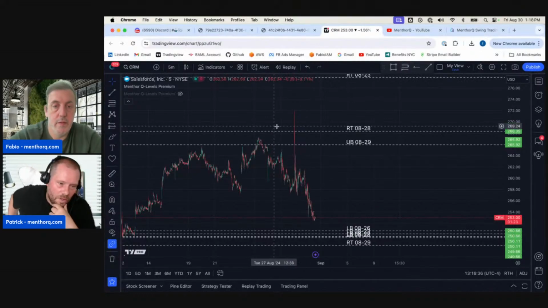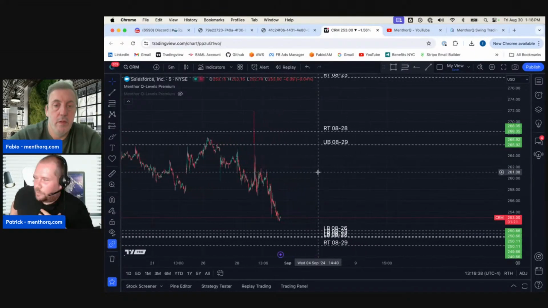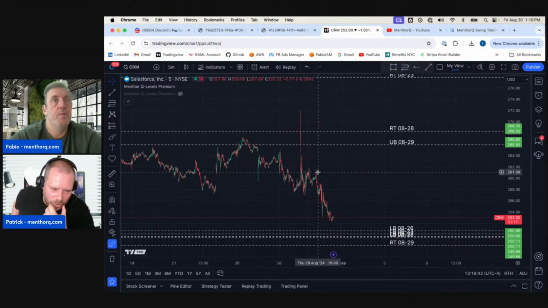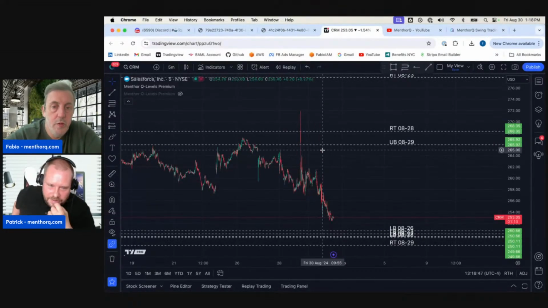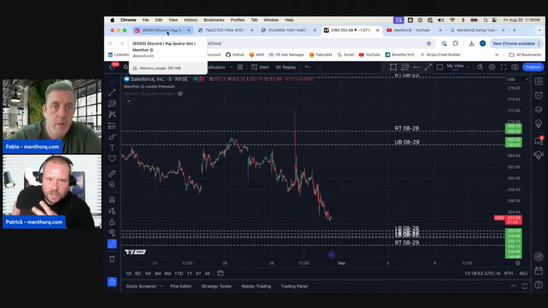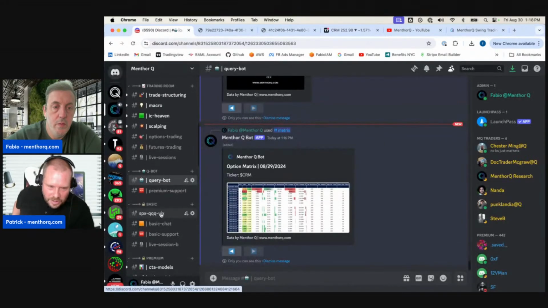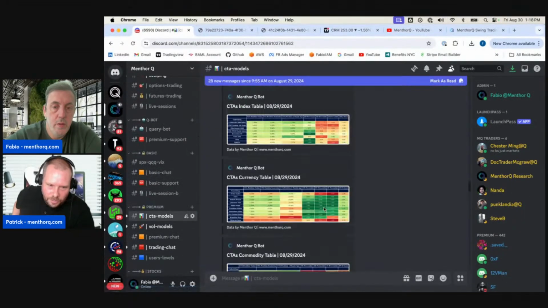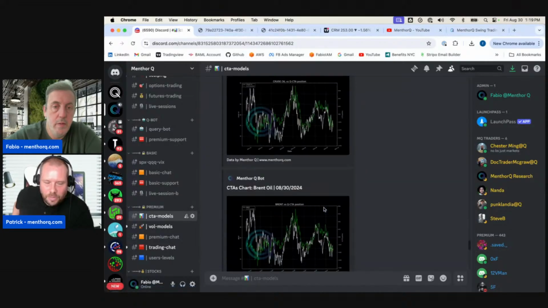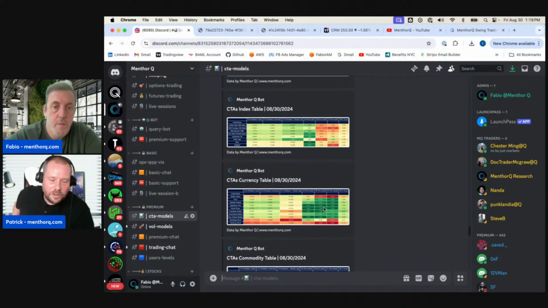And for you as a swing trader, this is my personal view, correct me if I'm wrong, Fabio, but one really important aspect is also to look at the CTA data. We have the CTA table index to get an overview, especially as a swing trader, of how the big ones are positioned, to get an idea of what's going on in the market.